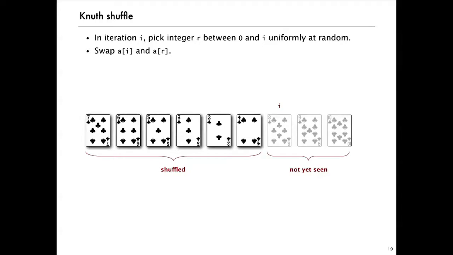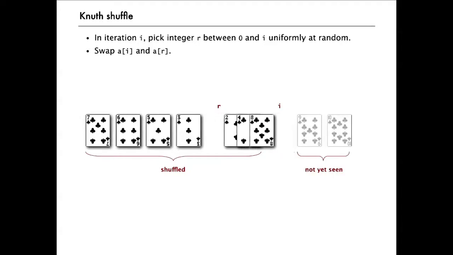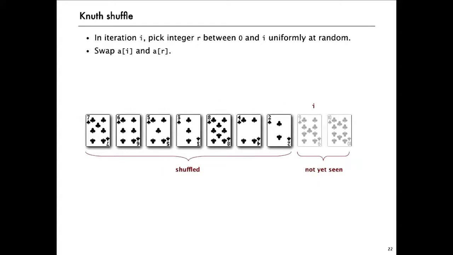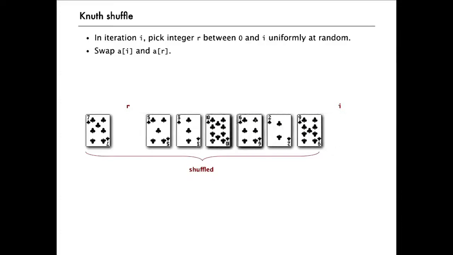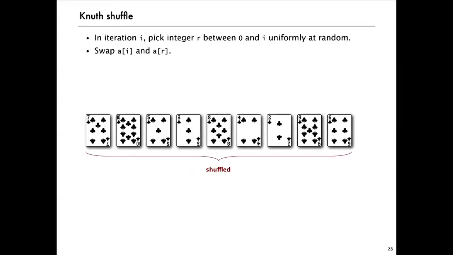So for every i, we do exactly one swap. Now a card could be involved in more than one swap, but that's not an issue. The point is that the cards to the left of i are uniformly randomly shuffled. In this case, i and r are the same, so there's no swap. Increment i, generate a random r, swap them, and at the end we have the deck shuffled.